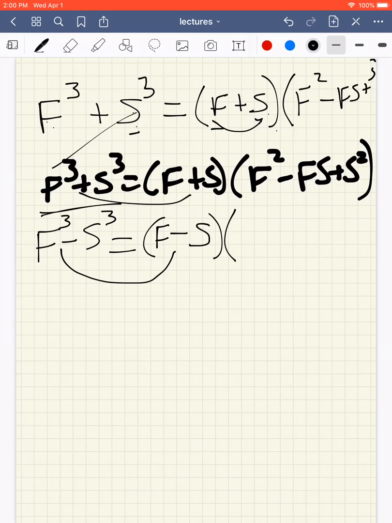It says to square the first term, so that's f squared. If this is a minus, this will be a plus. Just like when this was a plus, this was a minus. Multiply the two terms. This will always be a plus because we're going to square the second term, and anytime you square something, it's always positive. So those are the two formulas.